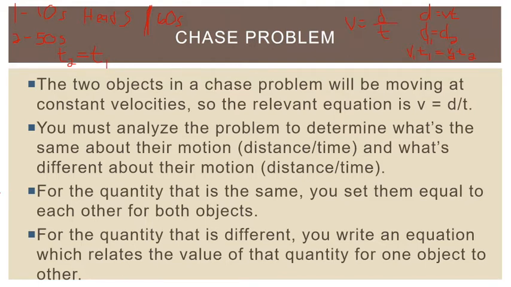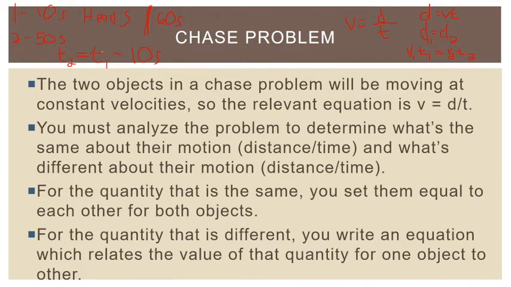Now, if you think about it, up to what I've written so far, t2 equals t1, I hope everybody realizes that that is obviously not correct, because the person who we are calling object 1 traveled for 10 seconds longer than person 2. So we would have to take t1, which in this made up example we're saying is 60 seconds, and we'd have to subtract 10 seconds to get t2, which we're saying in this example was 50 seconds.